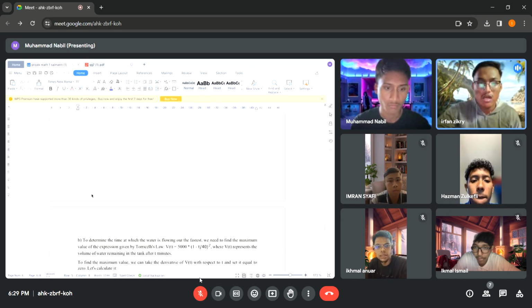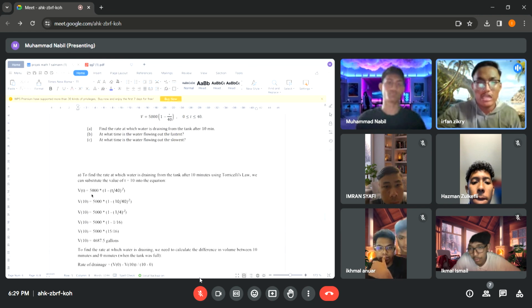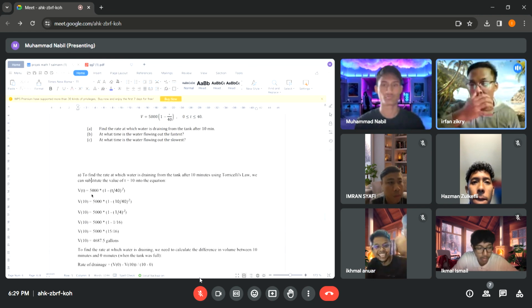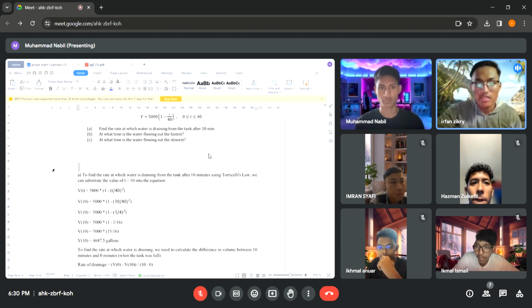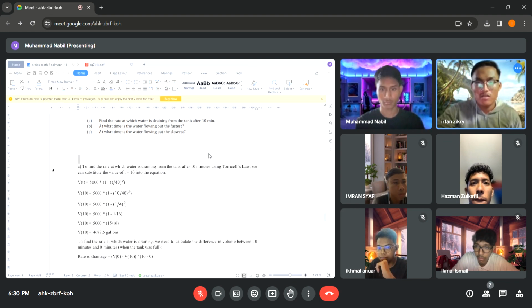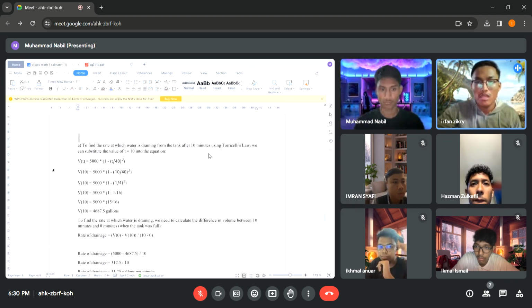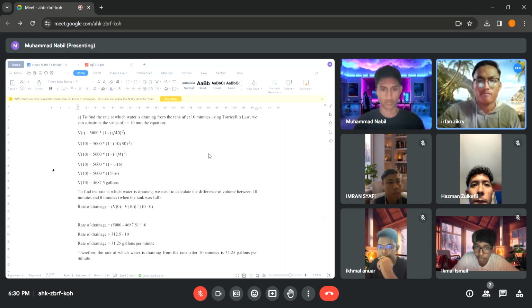We just substitute t equals 10 in Torricelli's law. We get the volume after 10 minutes is 4,687.5 gallons. After that, we need to find the rate at which water is draining. We need to calculate the difference in volume between 10 minutes and 0 minutes, when the tank was full.